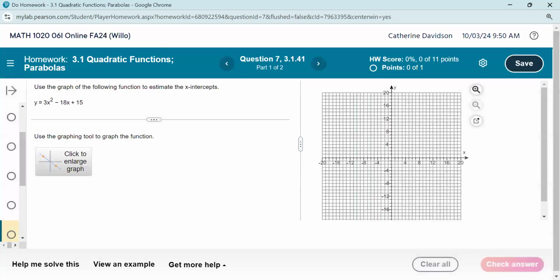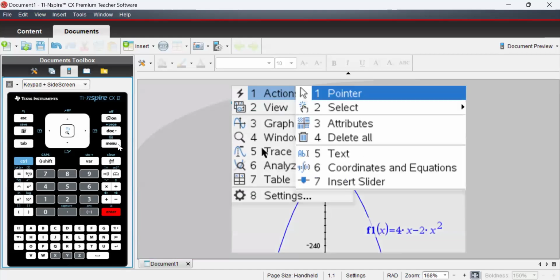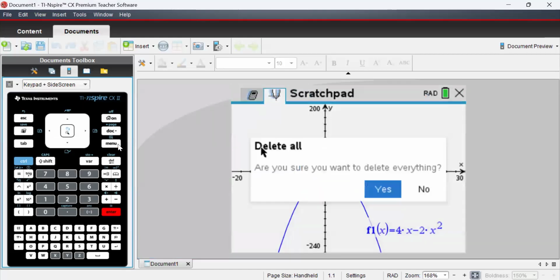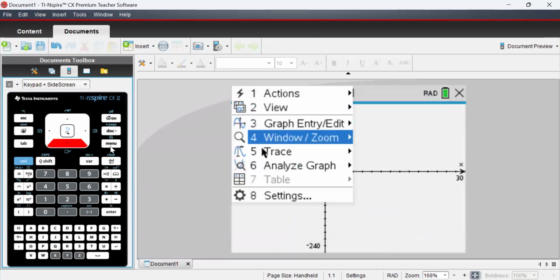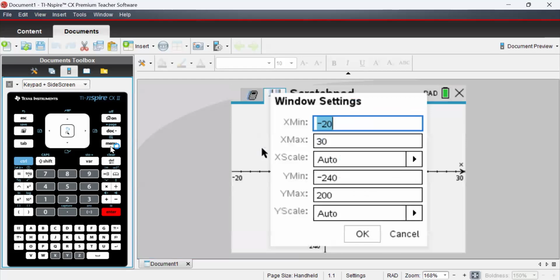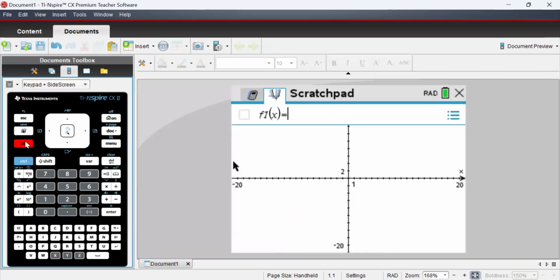So let's go over to the calculator. I'm going to go in here and delete all. And I'm going to adjust my window to what they had. So there's negative 20 to positive 20 on the x, and then negative 20 to positive 20 on the y. And now we're going to put in the equation.